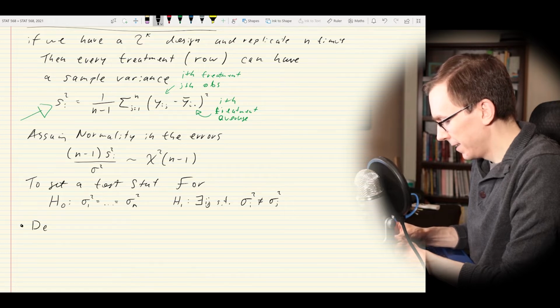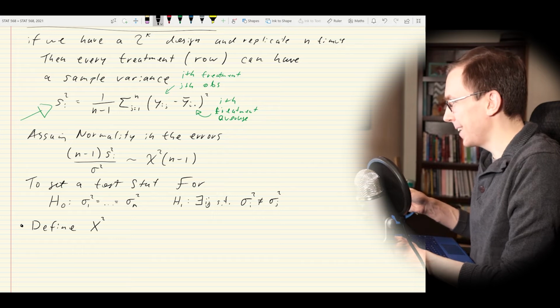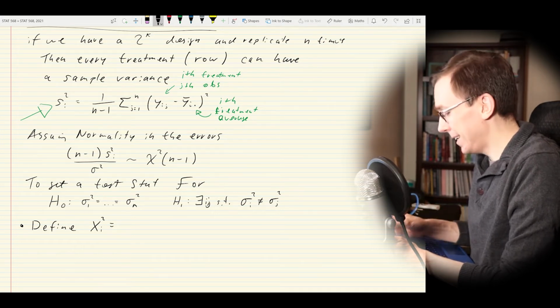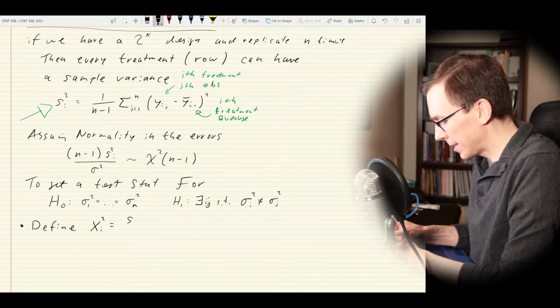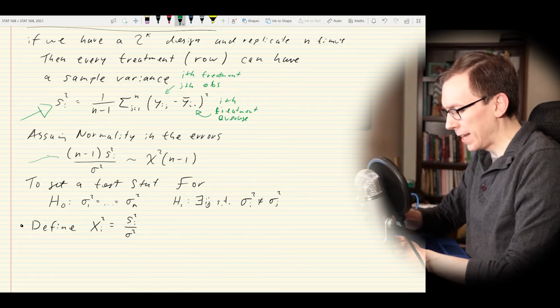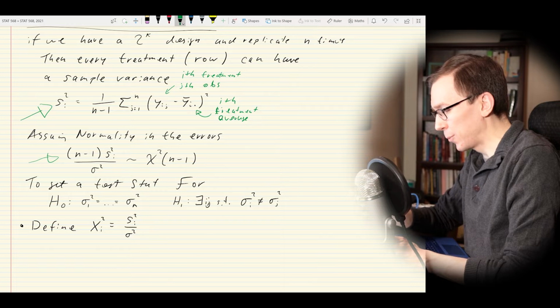we define chi squared, and chi squared is going to be chi squared sub i, and chi squared sub i is going to be a random variable. It's going to be s i squared divided by sigma squared. It's the same thing as I had up here, just without that n minus 1.